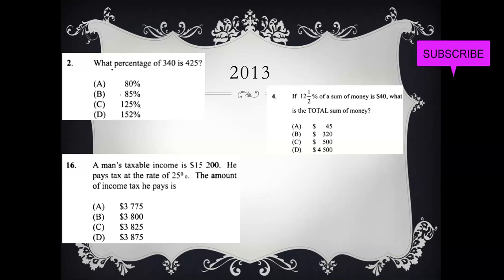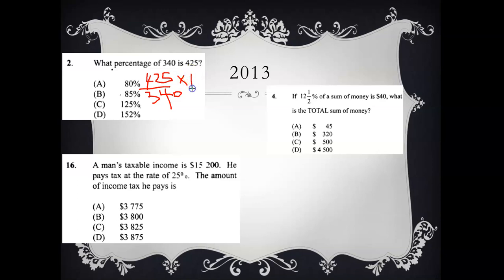What percentage of 340 is 425? Now, generally, it is over off, so it would be 425 over 340, times 100.